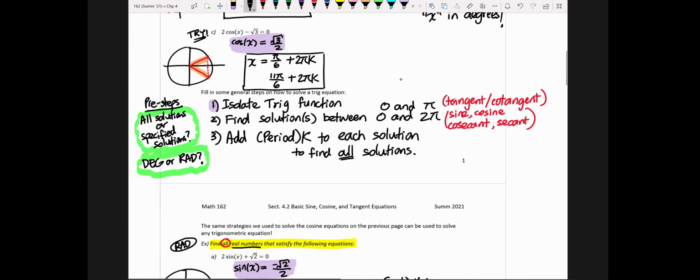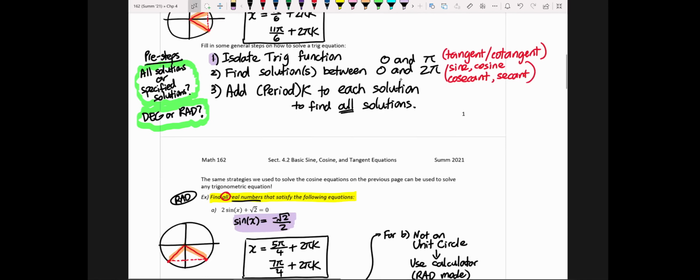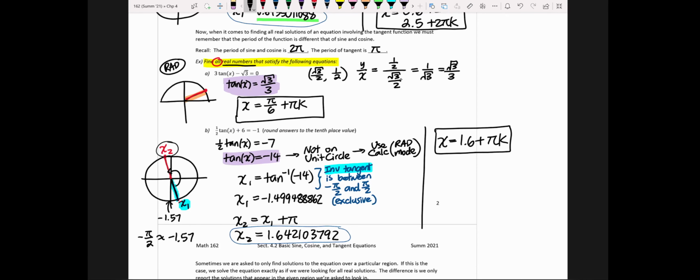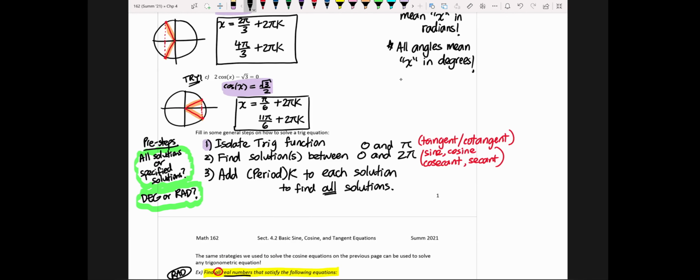So Professor, the last example we did, was that a specified solution? No, so far we've just been getting all solutions. All solutions meaning that after we go through the 3 steps, that completes. When you go through the 3-step process, it generates all solutions. Do you see all the examples we did?